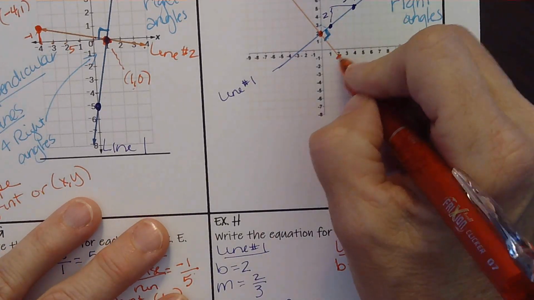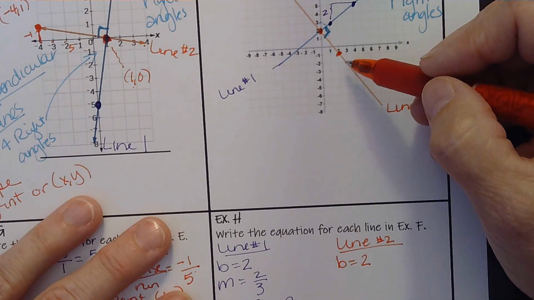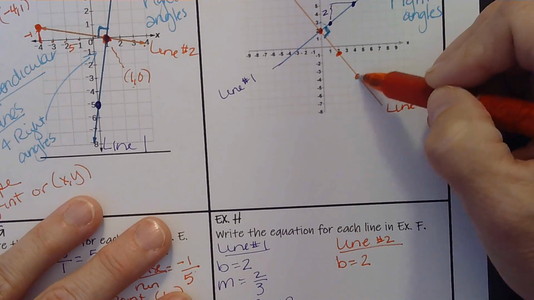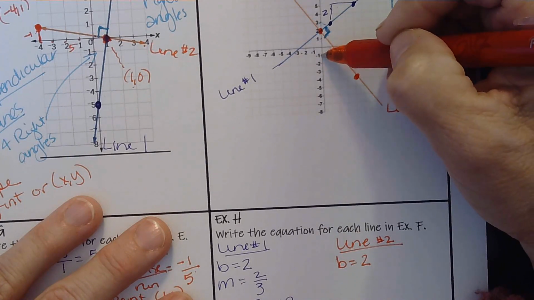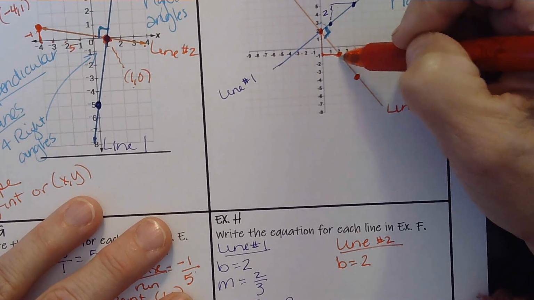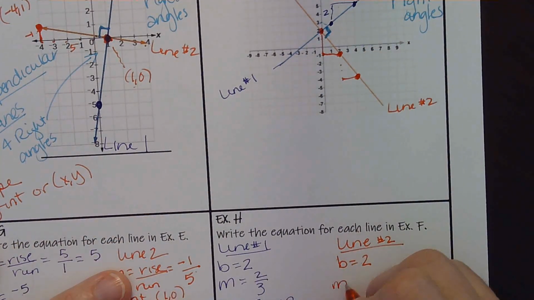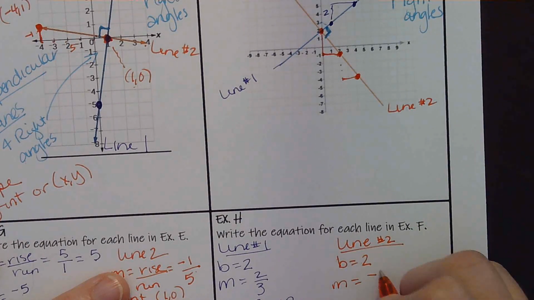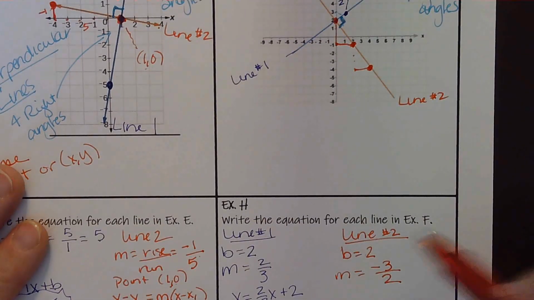I think this is a good point, and this is a good point. So let's see what happens. 1, 2, 3. I go down 3, right 2, down 1, 2, 3, right 2. So my slope for this line is down 3, right 2. So my slope is negative 3/2.